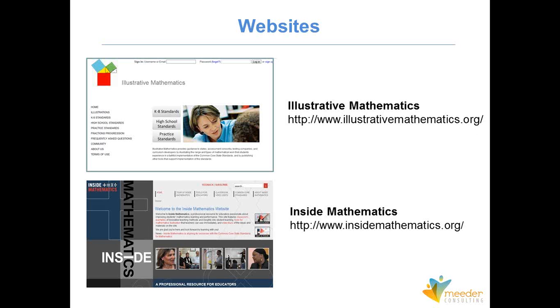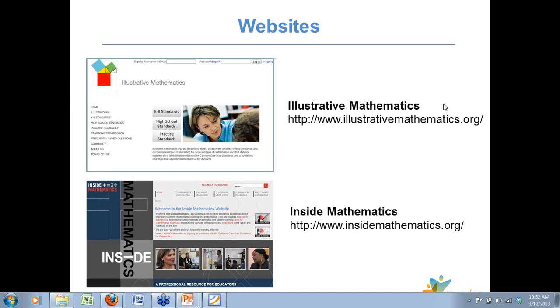So what we're showing here are two websites that you may care to take a look at. Kathleen, could you comment on just what folks might be expected to find on these math sites? Sure, they are definitely mathy sites. What I think is very helpful about both of them is that they're right in line with the Common Core State Standards for Mathematics.